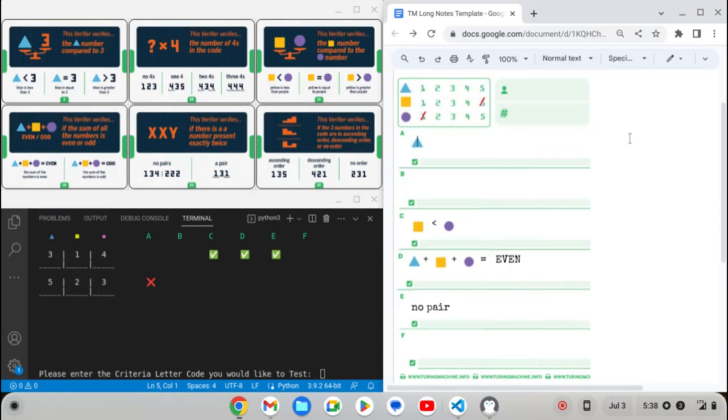So triangle should be either less than or equal to 3. That means triangle cannot be 4 and cannot be 5. Okay, that's interesting. Yeah, it's got to be equal or less than. Well, that's limiting some possibilities.